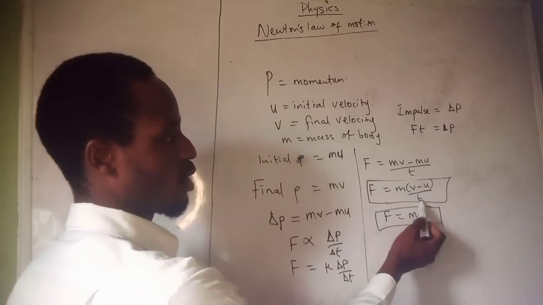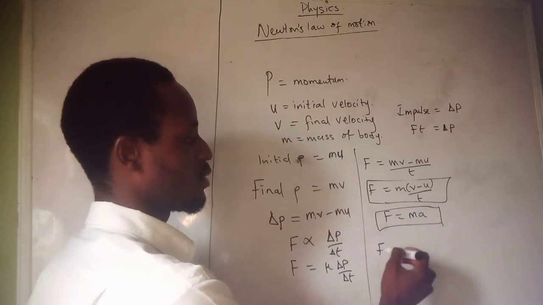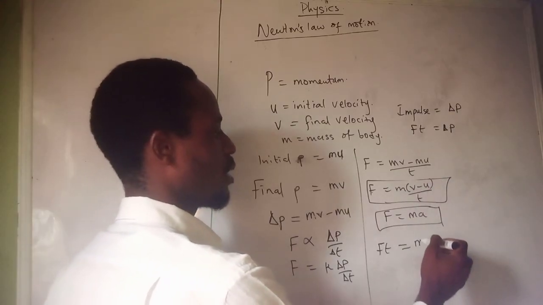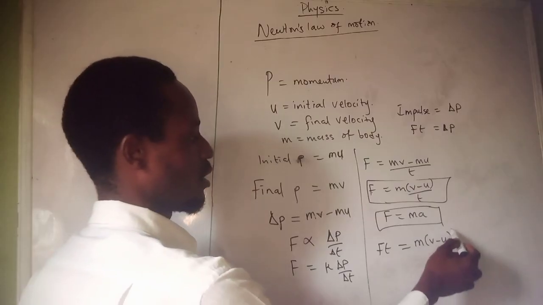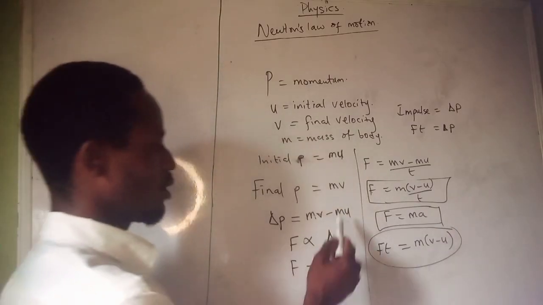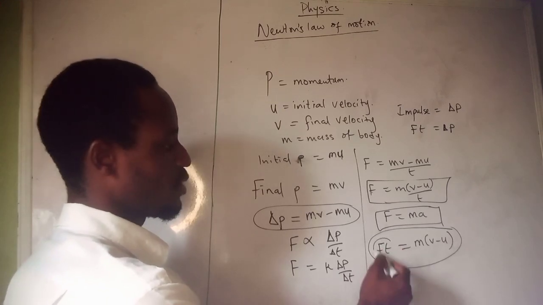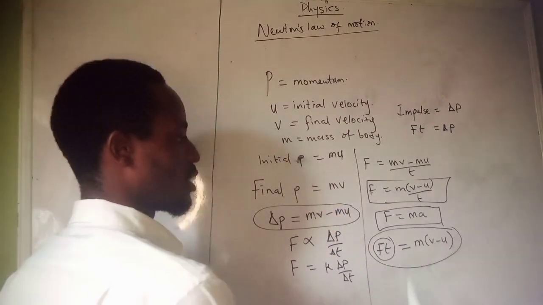Even this formula can prove that for us. If you multiply this by t, you have Ft, and you multiply the whole thing here by t, you are going to have m into (v minus u). This is the same thing as what we have here, and this Ft is the impulse. So impulse is the same thing as change in momentum.